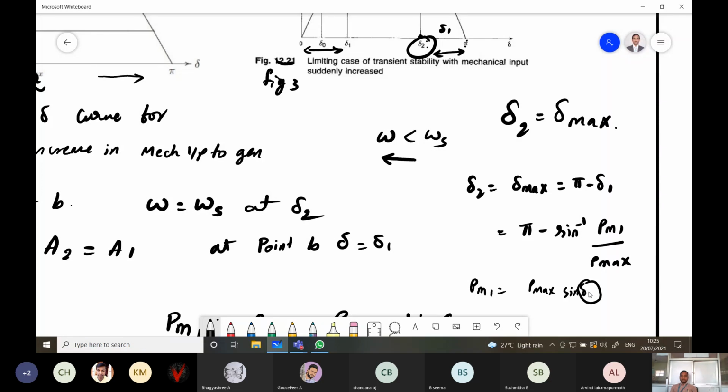Taking delta outside, delta is equal to pi minus sine inverse of Pm1 divided by Pmax.